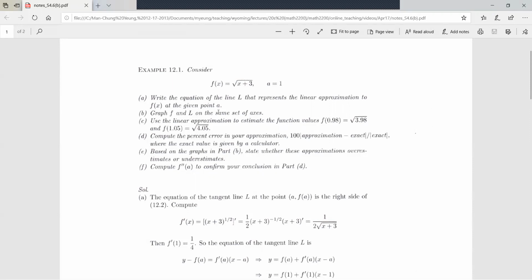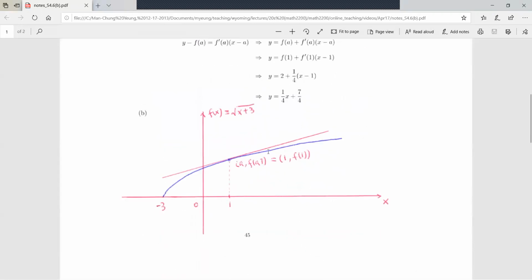Let me plot the graph of the function and the tangent line. This is the function. The domain of this function is any number between -3 and infinity. A function only has a graph on its domain.